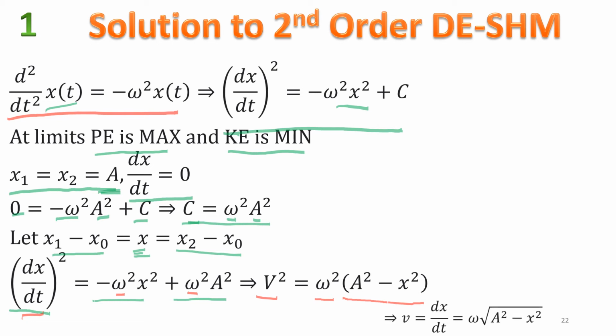So here velocity v, which is dx by dt, rate of change of displacement. So x is displacement and the rate of change is being represented by dx by dt, and this is velocity square. I am trying to write velocity, that is equal to omega into under root of a square minus x square. So this is a very important equation. I'm going to rewrite this equation on the next slide.